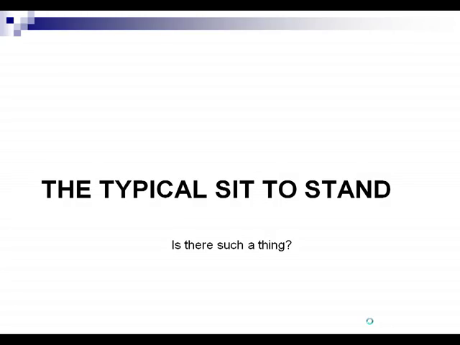Because certainly when we're looking at the literature and the research on sit to stand, what it's looking at is starting from a nice symmetrical upright sitting posture and actually going into a very symmetrical sit to stand movement. Now in reality, those two things often don't exist.